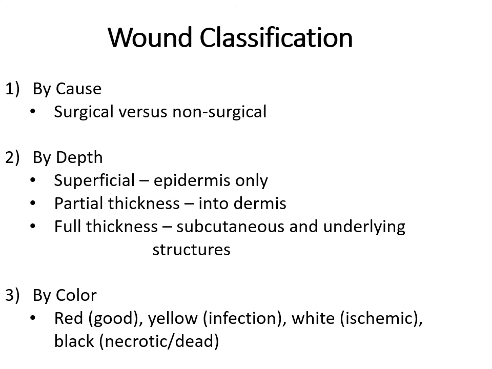A white appearing wound, say someone's had stitches put in and the stitches are just way too tight, the wound will appear white because the blood can't get to it because of the tight sutures. And it's ischemic. It's not getting the blood supply, right? And then finally, a black appearing wound, that's dead tissue, right? So that's necrotic tissue.